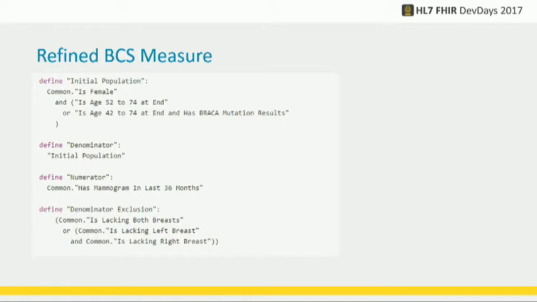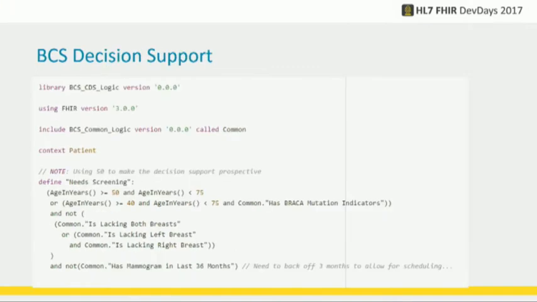So what we have within the decision support is to say, at the point of care, does this patient need screening? And one, we have to make that prospective, because we're not looking for whether they had, we're looking for whether they have.